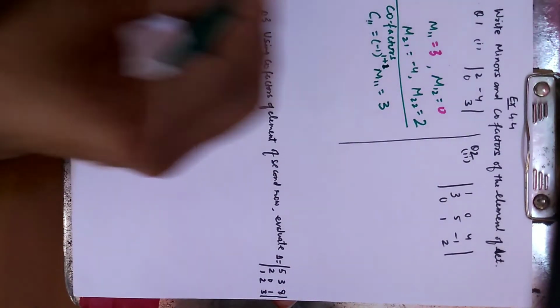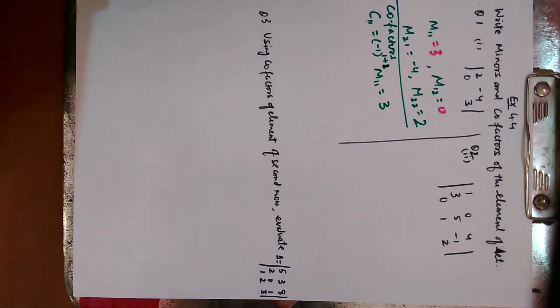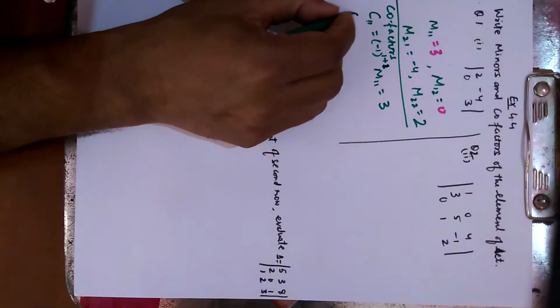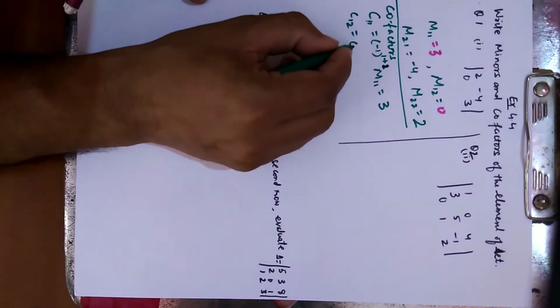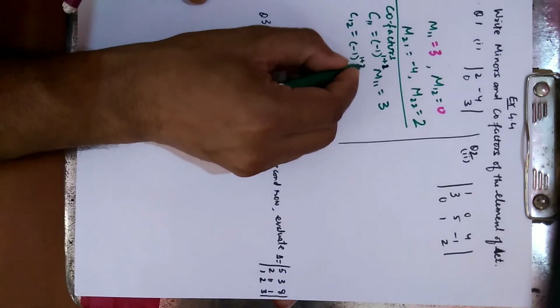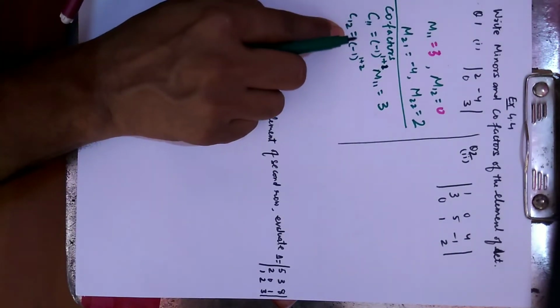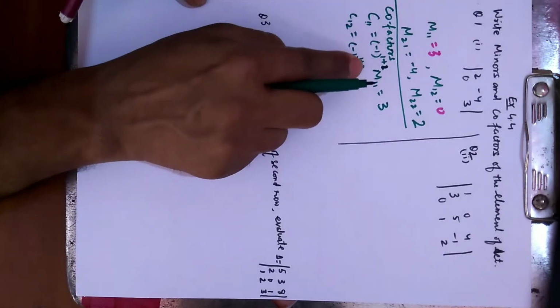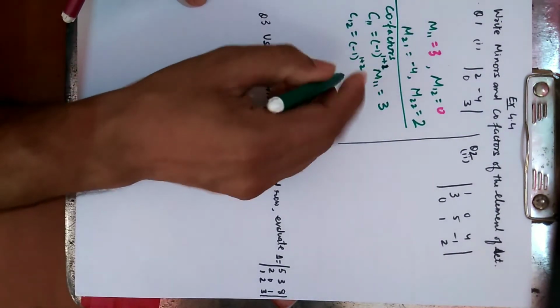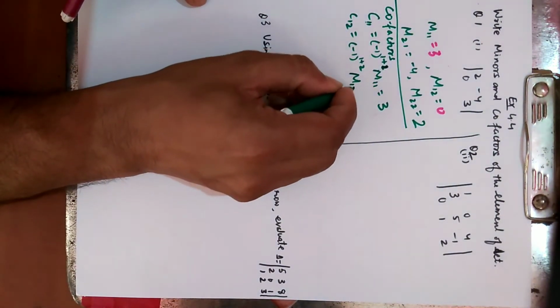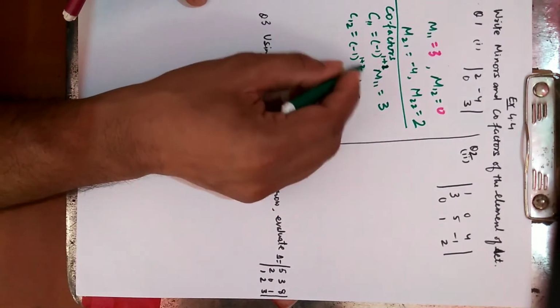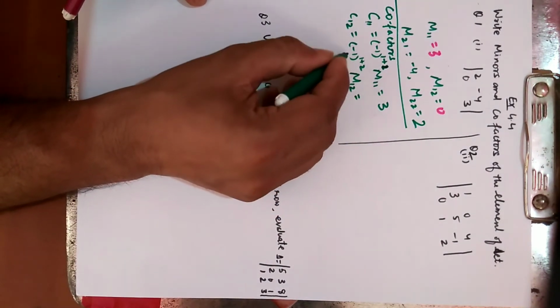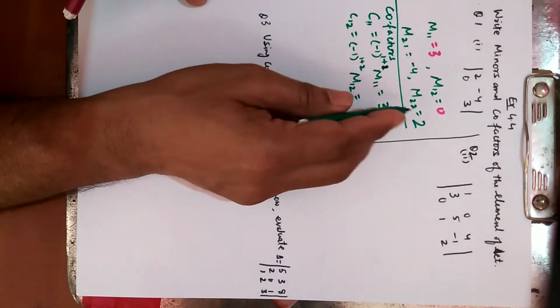Now next one is C12. This C12 means minus 1 to the power 1 plus 2. Row is 1, column is 2. So row plus column you do and write M12. Again this becomes minus because the power is odd, and M12 value is 0.